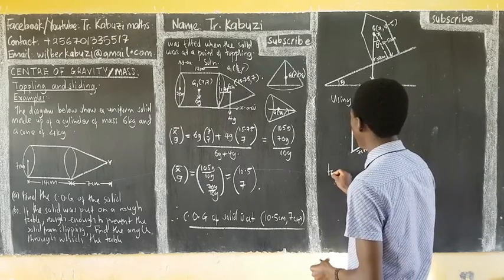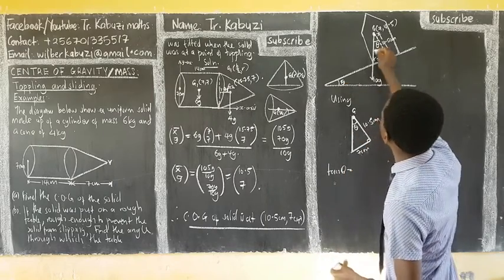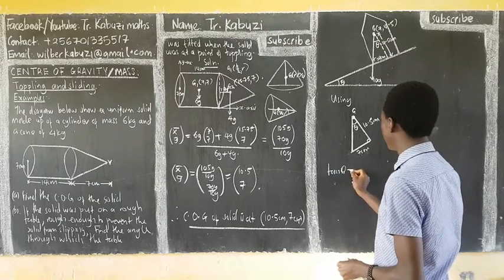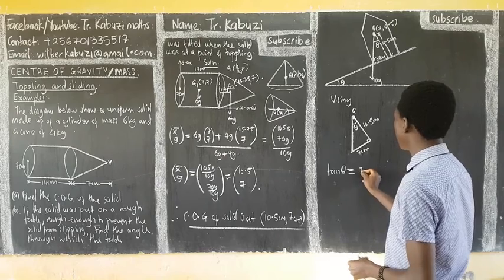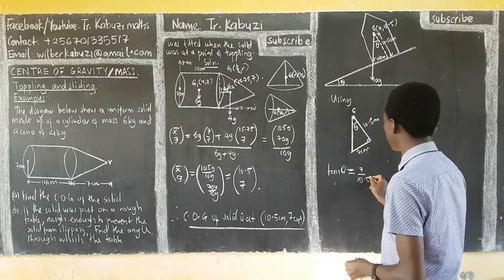From there you can see that tan theta is going to be equal to the opposite, which is 7, over the adjacent, 10.5.